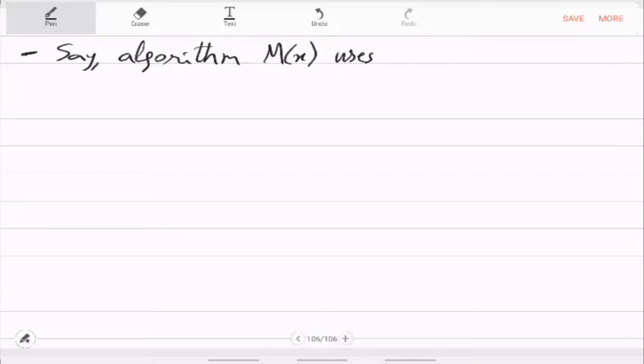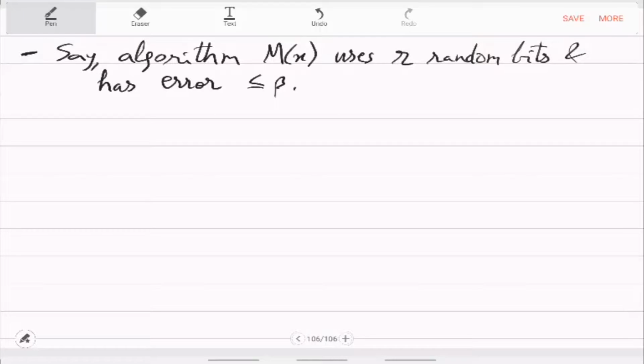So say your algorithm M uses R random bits and has error less than or equal to beta. So in the space of 0 1 to the r, a beta fraction are bad.